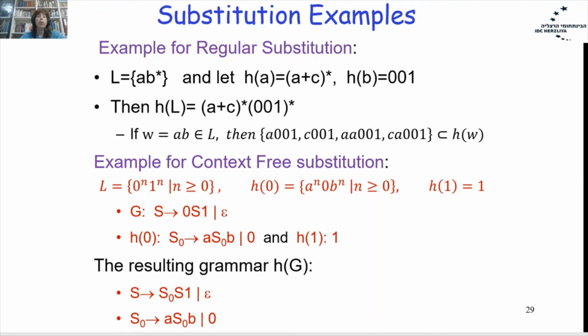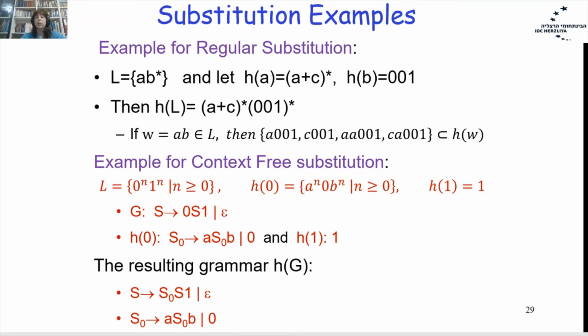We were given an original grammar G that derives 0 to the power of n, 1 to the power of n. The original grammar was S derives 0 S 1 or epsilon. Now, when we use a substitution for h of 0, each 0 can be substituted with S0, and from S0 we will derive a context-free language a to the power of n, 0, b to the power of n.